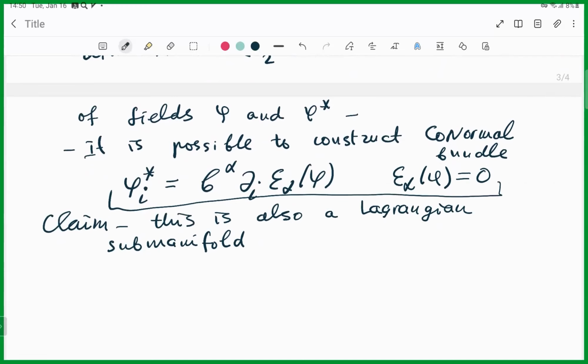Proof. Let us consider the symplectic form on this space.